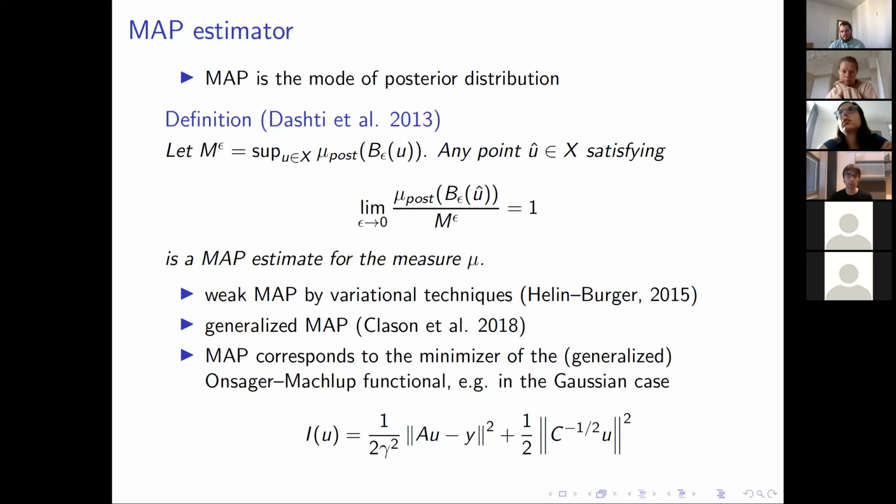But the main point in all of these definitions is that you want to have something that connects the MAP estimator to a variational problem, and that's the positive side of MAP estimators, that they are fast to compute because they relate to a variational problem. And often they can be analytically studied.